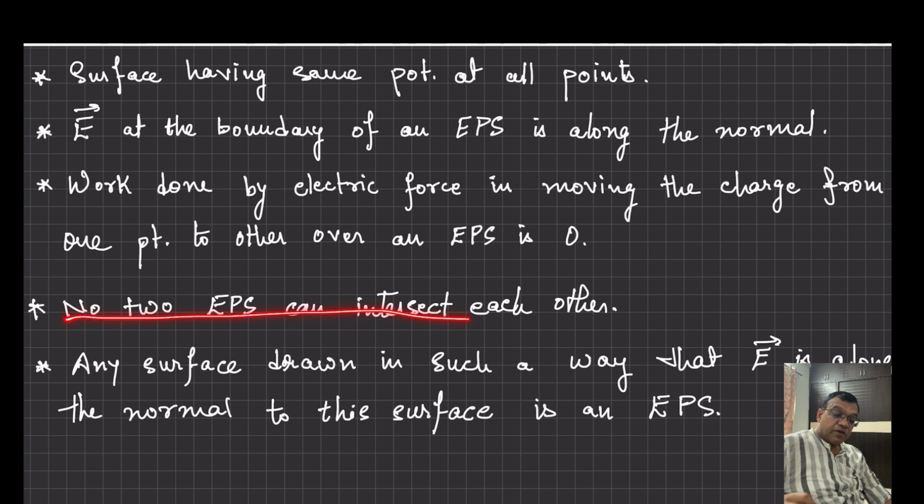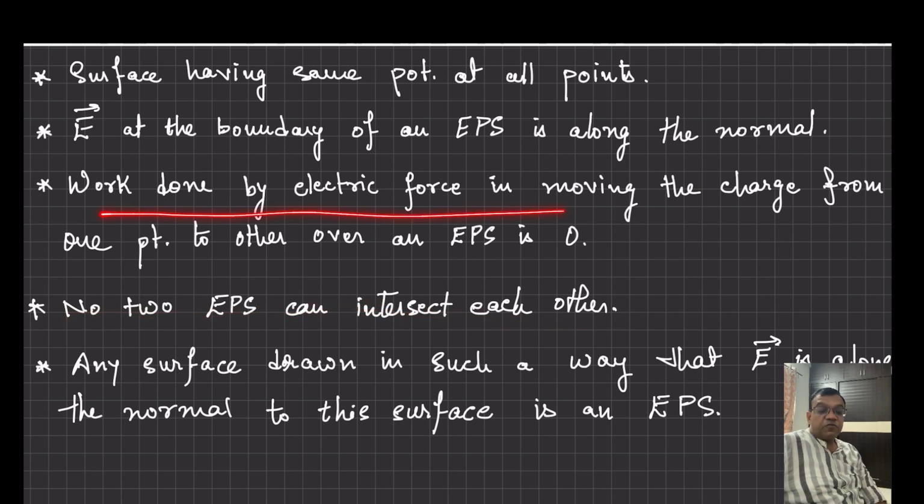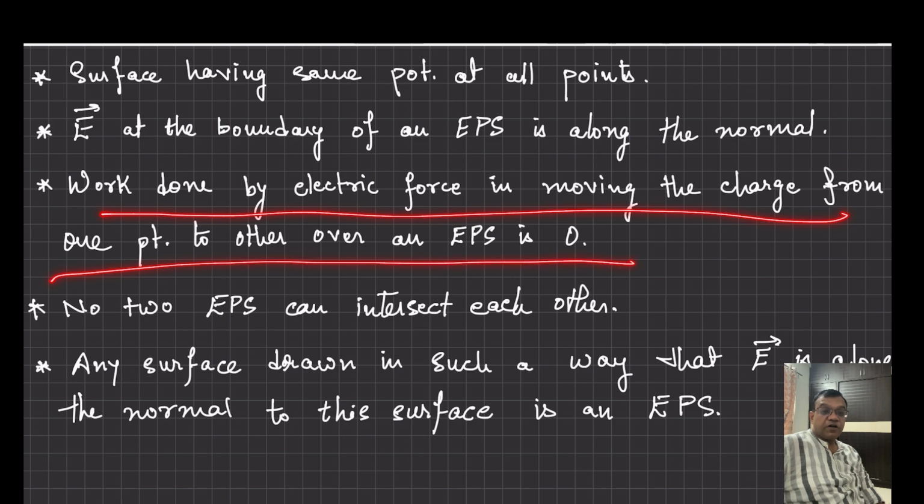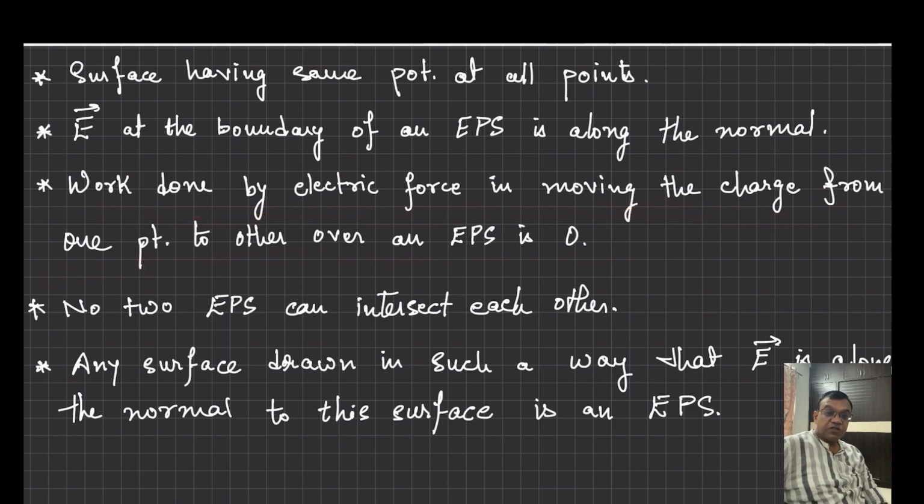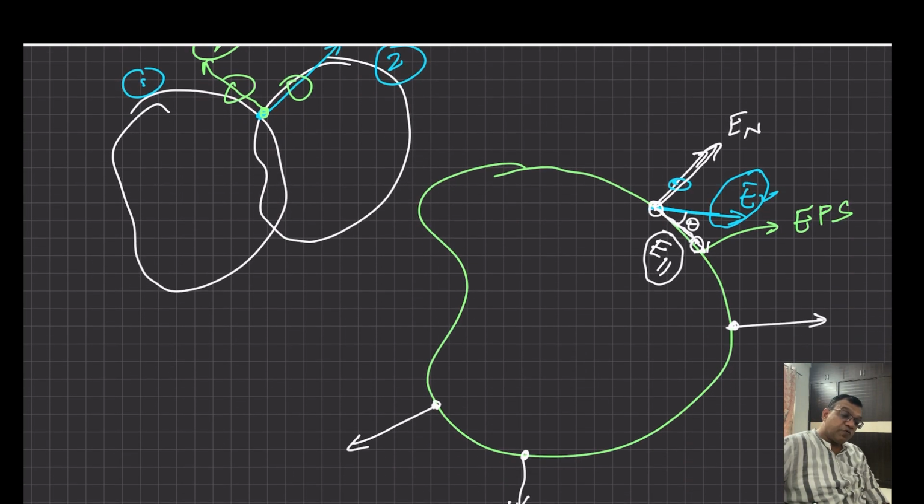Now, work done by the electric force in moving a charge from one point to another on the equipotential surface is 0. This is also a very nice statement.